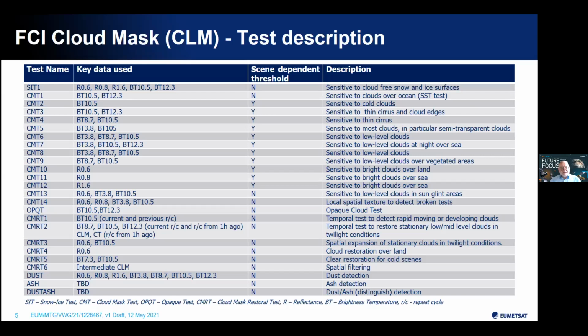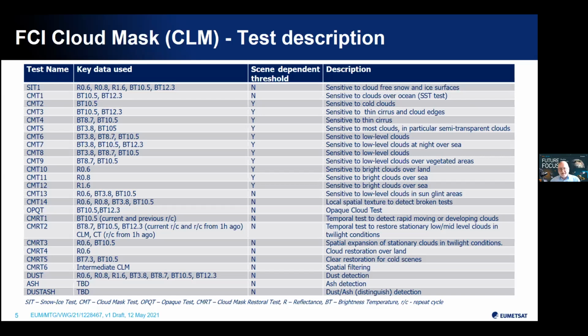We have also a test which decides whether a cloud is opaque or potentially semi-transparent. And then we have restoral tests which are looking at certain specific conditions like twilight, then restoring tests for clouds over land or over cold surfaces.